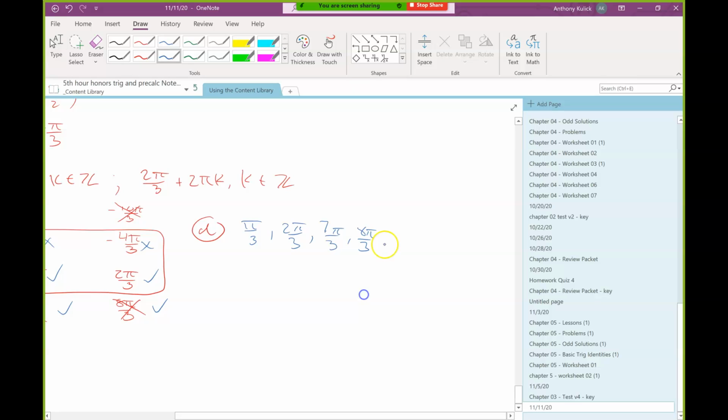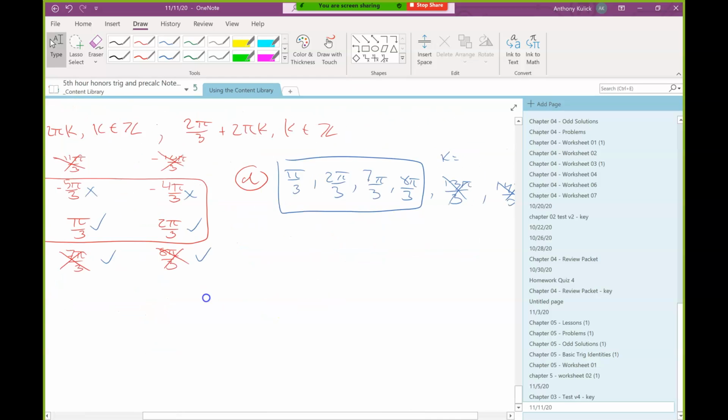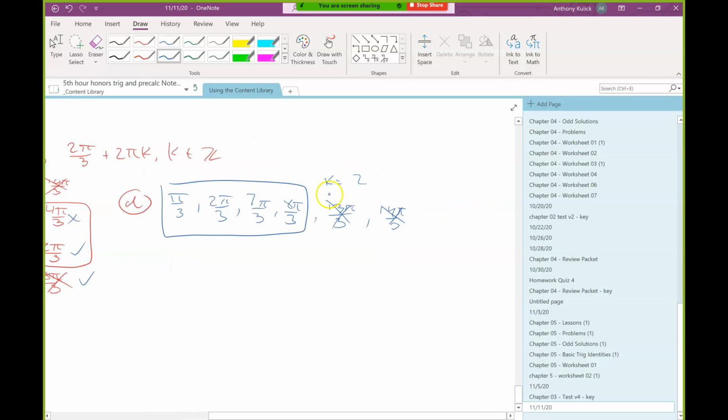But if we tried adding another 2 pi, 13 pi over 3, is that less than 4 pi, right? No, that's bigger. That's too big, right? 4 pi is 12 pi over 3. So that's too big. Similarly, if we got 14 pi over 3, that would be too big. So this is k equals, what is it, 2? Would have been those ones that are too big.